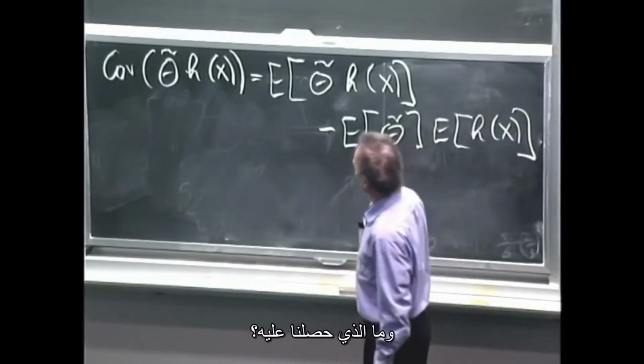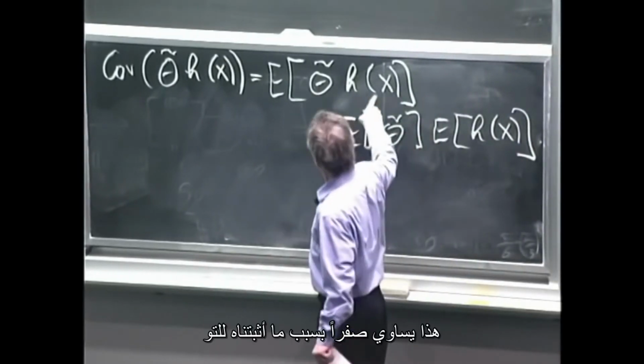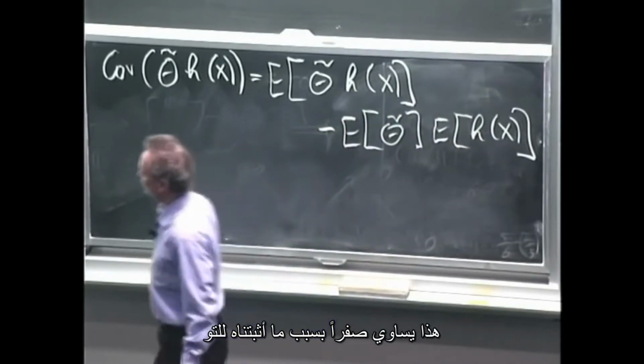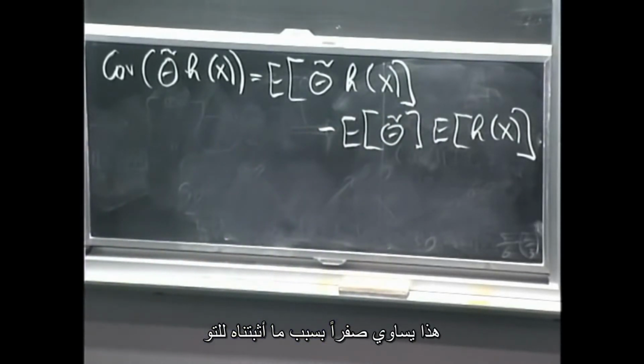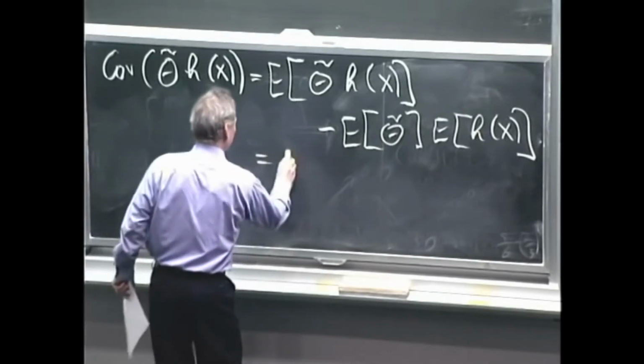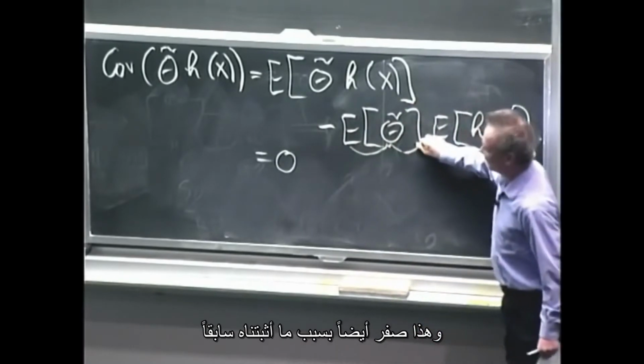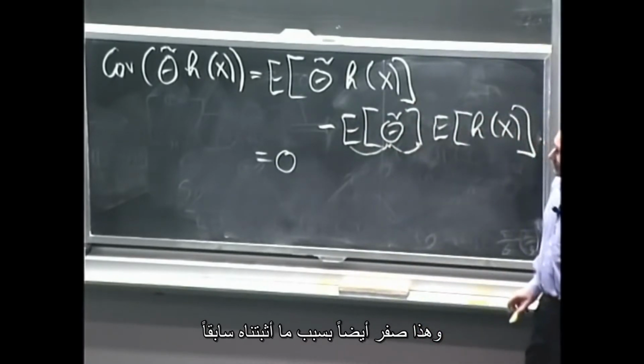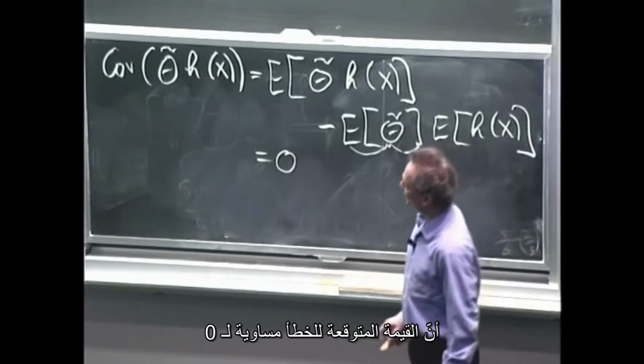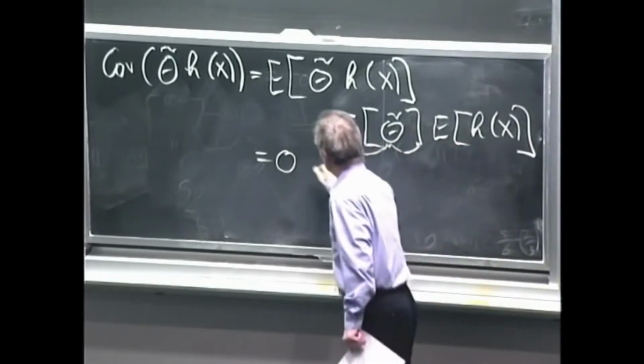And what do we get? This is 0 because of what we just proved. And this is 0 because of what we proved earlier, that the expected value of the error is equal to 0.